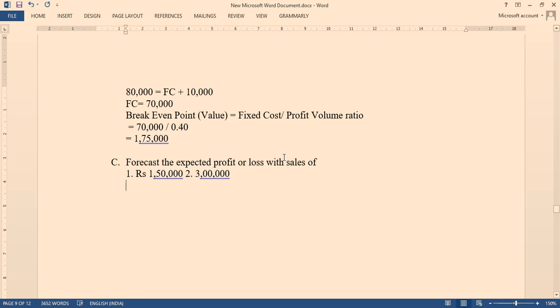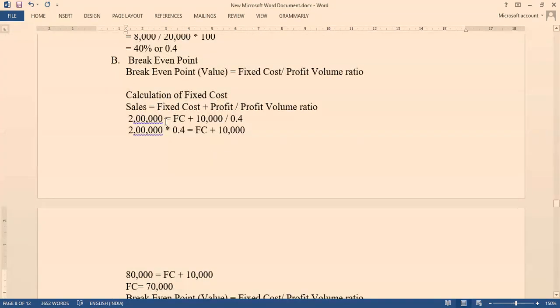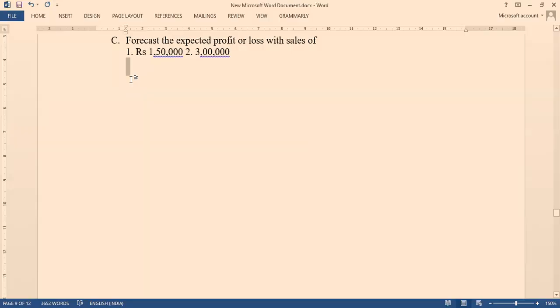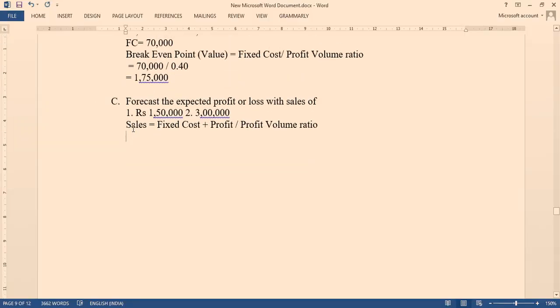Suppose we take the profit for 1 lakh 50,000. Again the same formula that we followed here, and it is easy to find the solution. Apply the same formula. The sales is now 1 lakh 50,000 as per the new information.